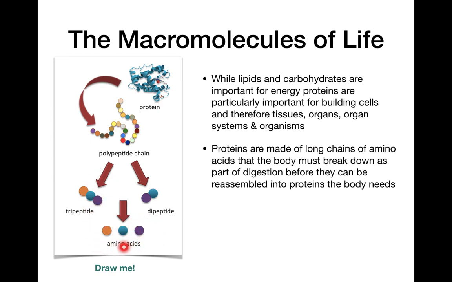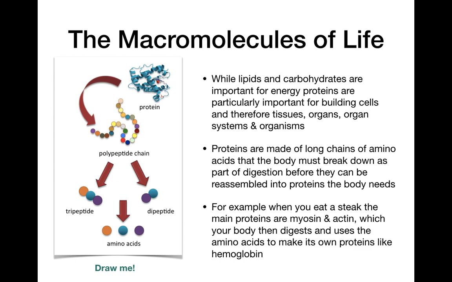Once I have the amino acids, I can use them kind of like Lego blocks and reassemble them into a different protein that my body needs. Maybe I'm getting taller, and I wish I was, and I need to make some more bone cells to have bigger, longer bones so I can be taller. So I need to take the protein that I eat, digest it completely, so I can use those amino acids to make proteins to make my bones bigger.